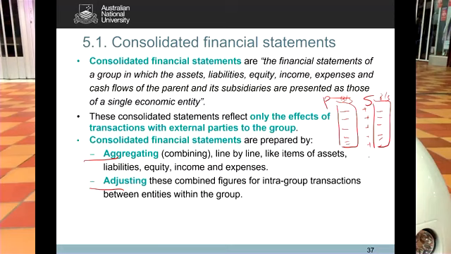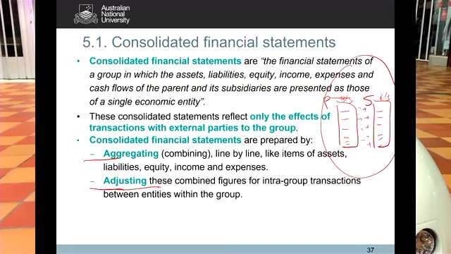Is that okay? Then that's the group. Is that simple? Beautiful. If it were so beautiful, we would be laughing all the time. However, it's not so simple. We first aggregate them, adding them up line by line. The second thing we do is the adjusting.